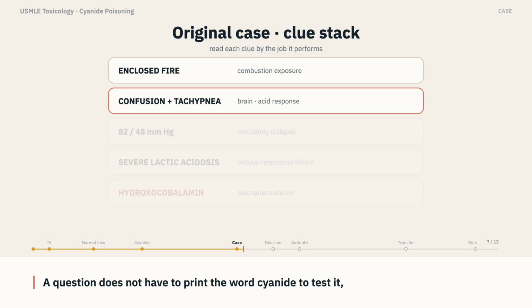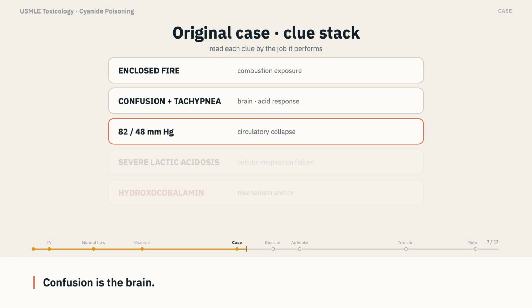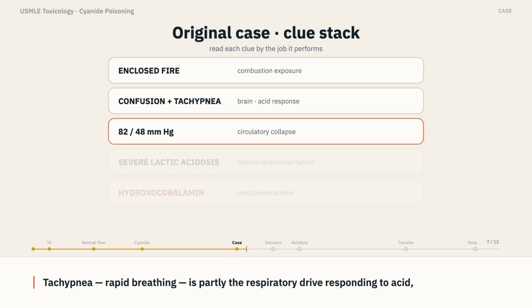A question does not have to print the word cyanide to test it, but a fire alone does not prove it either. Next, he is confused and tachypneic. Confusion is the brain. Tachypnea, rapid breathing, is partly the respiratory drive responding to acid, and partly a body that senses something is badly wrong with energy metabolism.